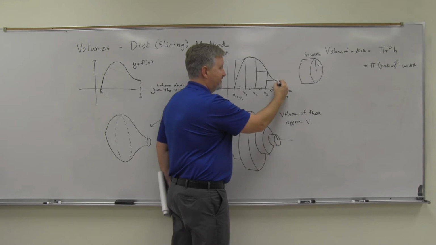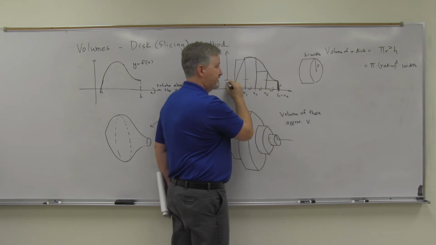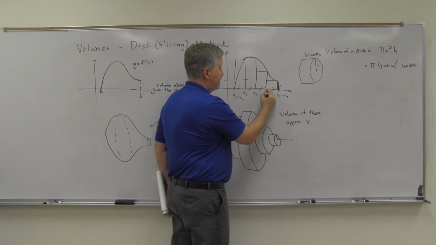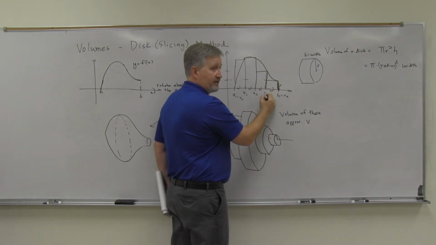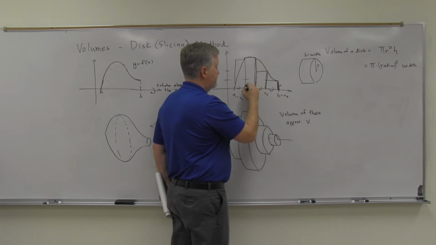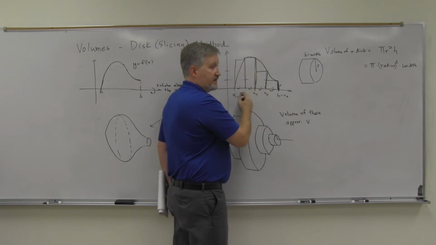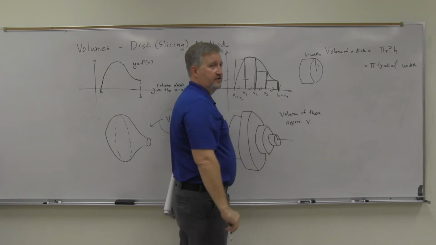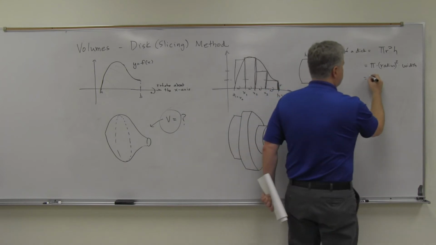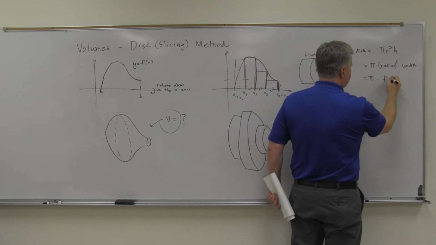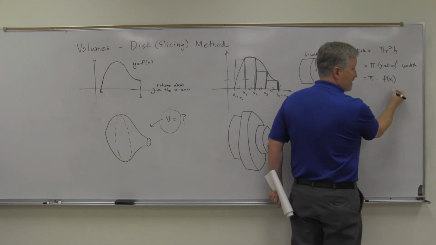Well, it's whatever that function value is at x4. This radius is the function value at x3. You with me? This would be the function value at x2, and this the function value at x1. Or if I use midpoints, it's the midpoint at each of those x sub i's. So the radius is going to be the function value of whatever x sub i I'm talking about.